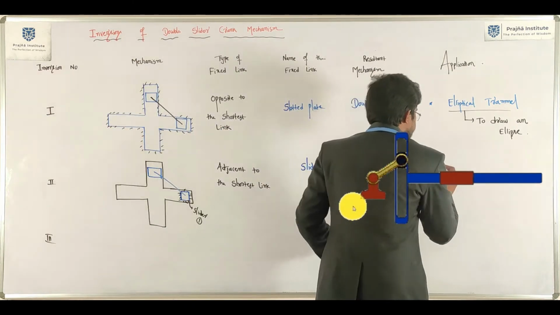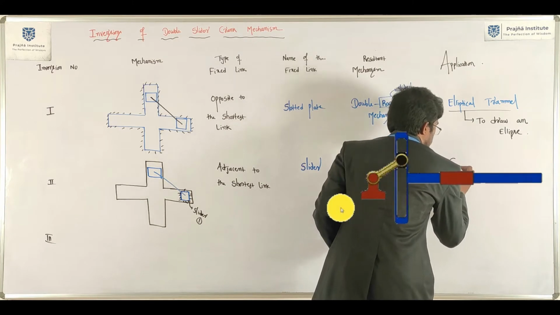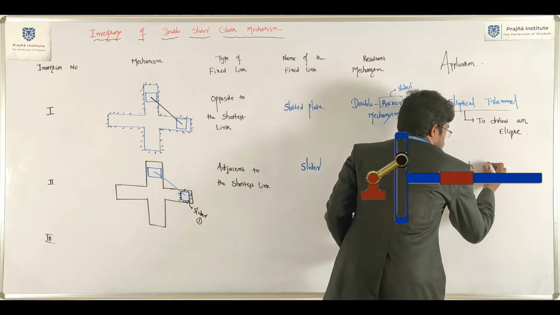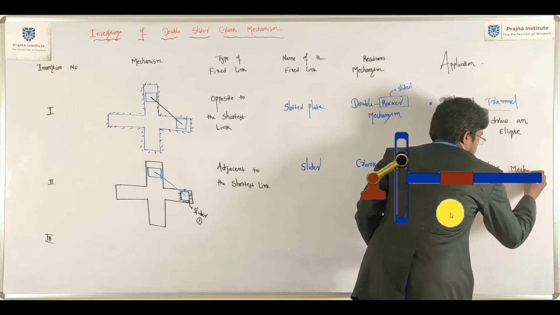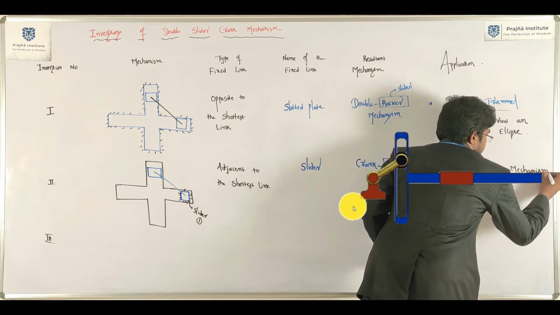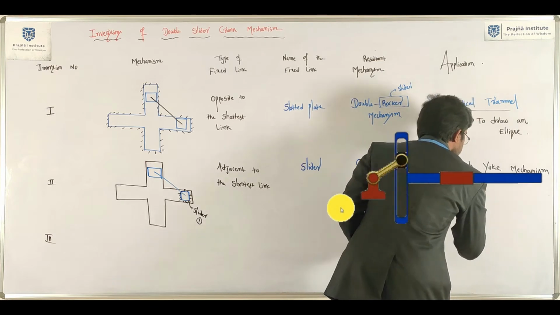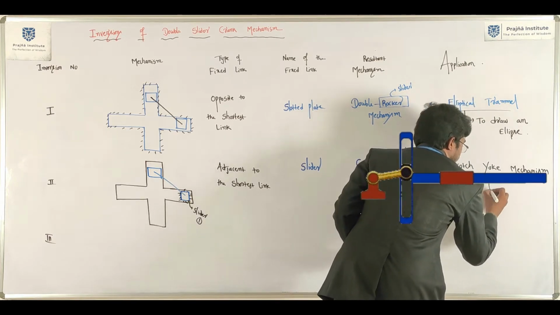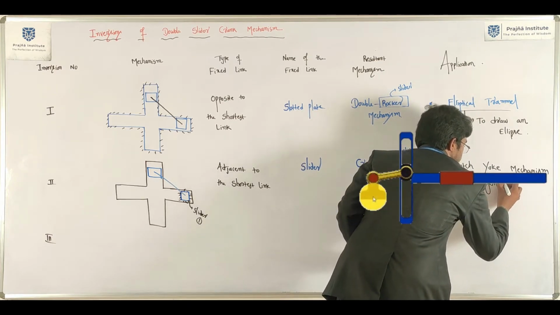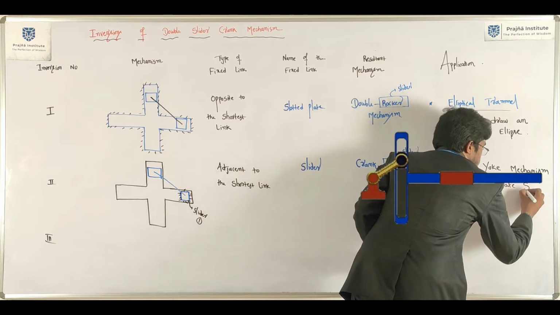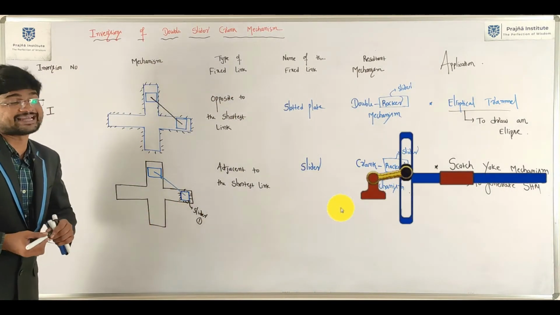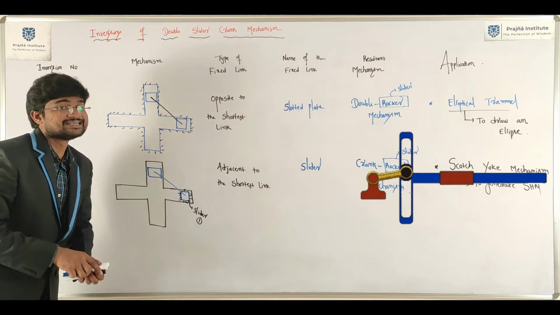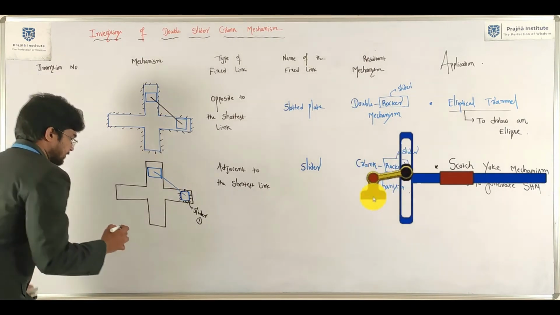What is the application? Scotch yoke mechanism. The Scotch yoke mechanism is used to generate simple harmonic motion.